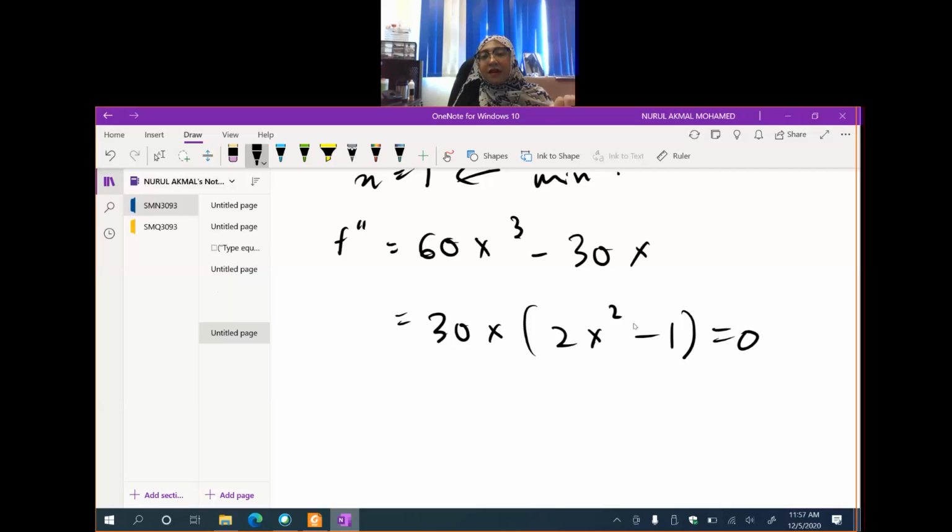You will get x equal to 0, and then from this one you will get 2x squared equal to 1, and then x squared equal to 1/2.